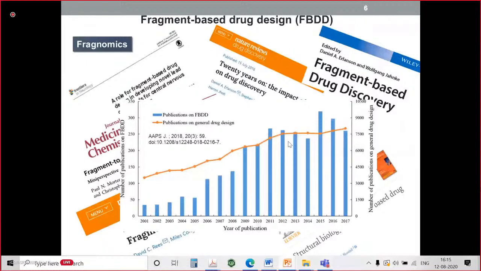So this fragment-based drug design approach is very much fruitful, and I'll show you in a later slide how different drugs have been introduced in the market within a short span of time using fragment-based drug design approaches.